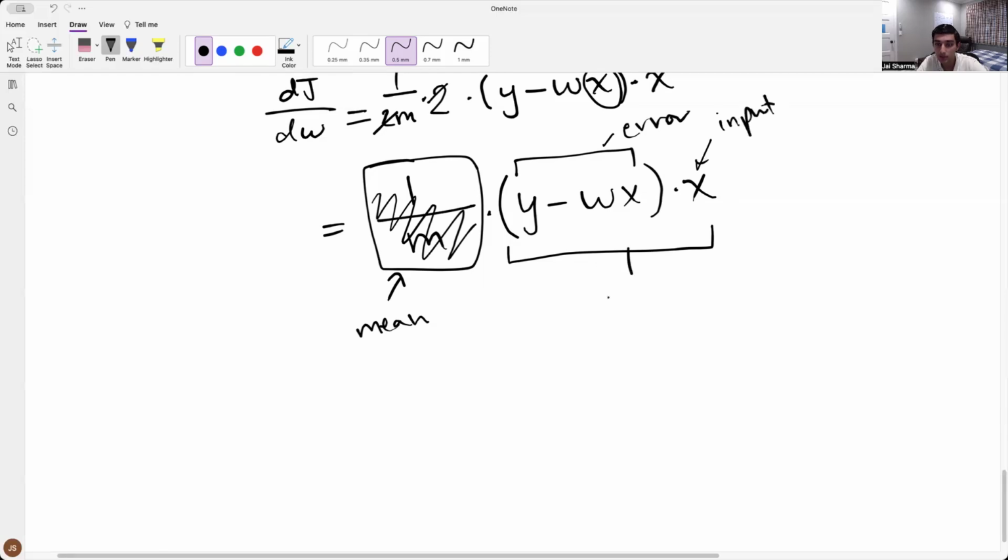And then this gives us the slope of the cost on just one example. It's only one example because we're only using one example over here.